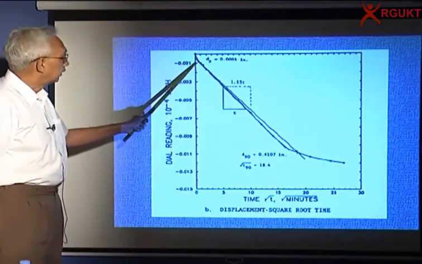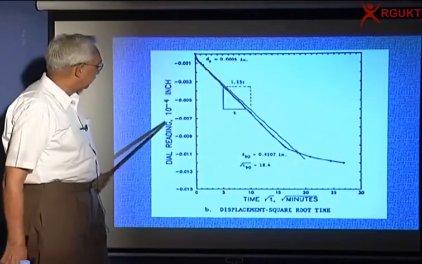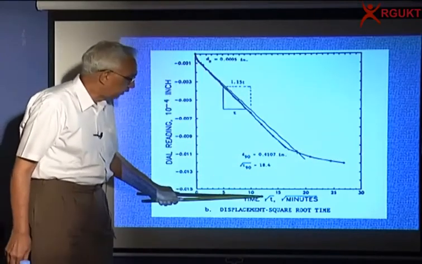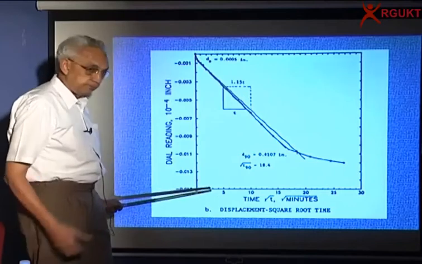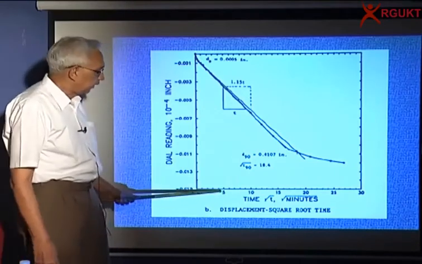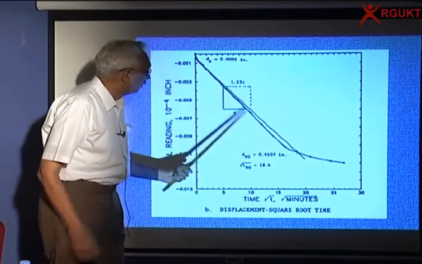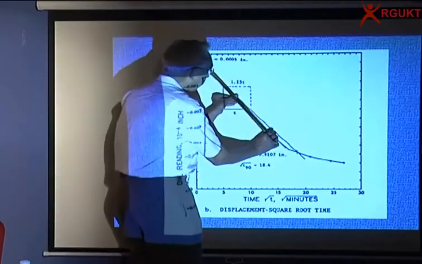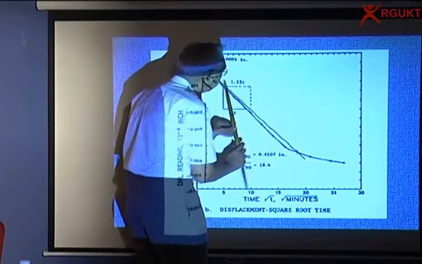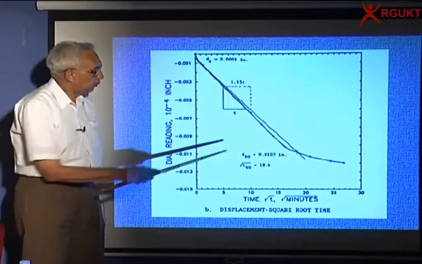You have taken the readings and drawn this graph, settlement or dial gauge reading with respect to square root of time in minutes. You have 5 minutes, 20 minutes, 40 minutes, 100 minutes, whatever it is. You plot square root of time here and you get this. What you have done is fitted a straight line and then drawn another whose slope is 1.15 times the slope of this line.